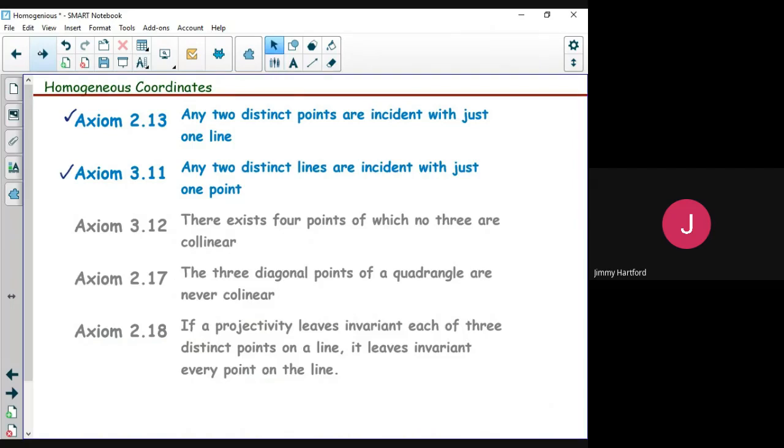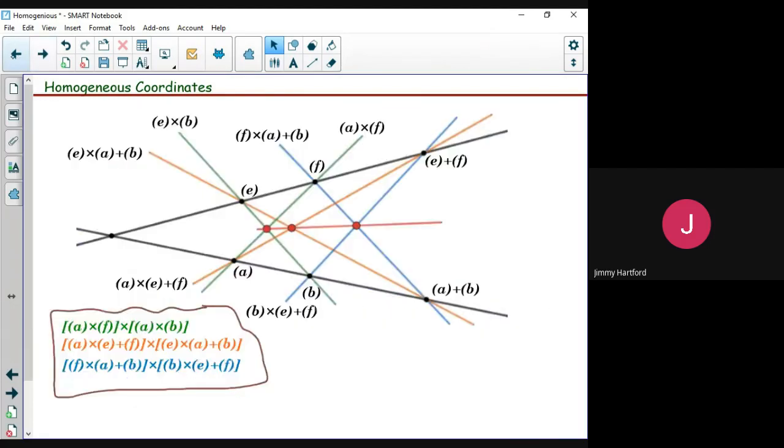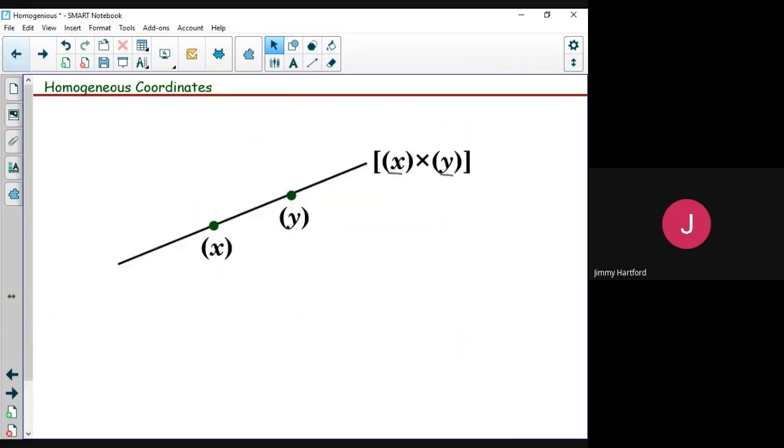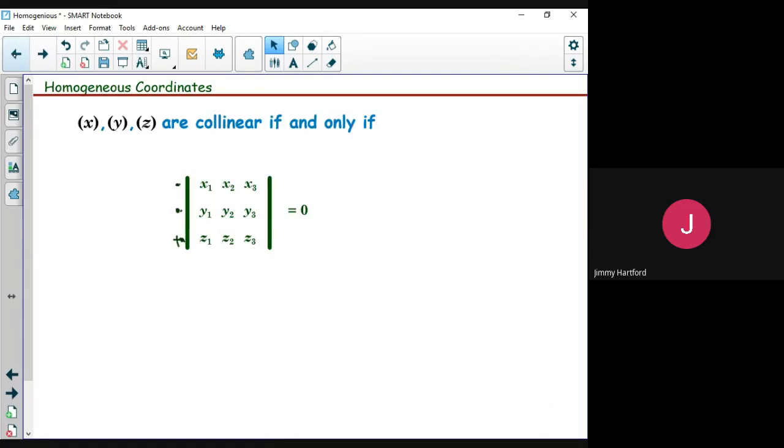To get axiom 3.1.2 and 2.1.7, 3.1.2 says that there exist 4 points of which no 3 are collinear, so a quadrangle. To do this, if we want 3 of those points to be non-collinear, then we just need to make sure that the determinant is not 0.